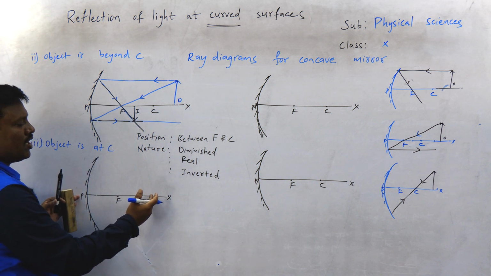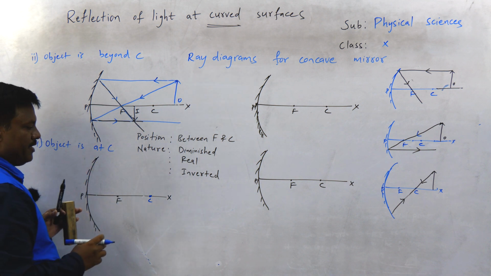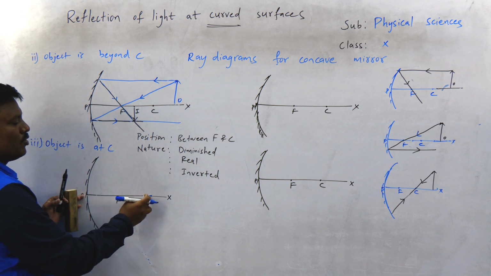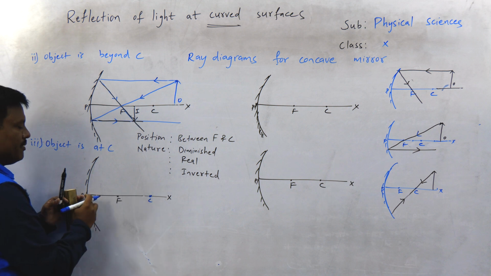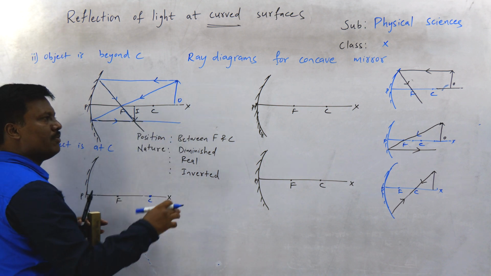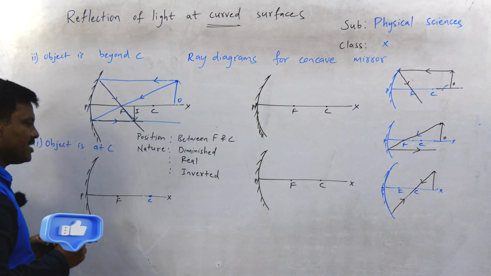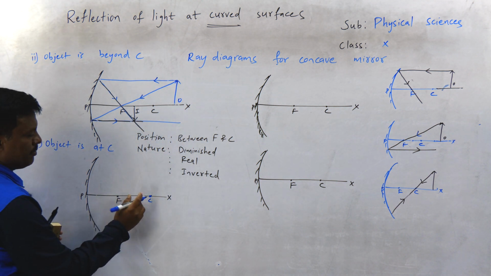Always you have to draw the arc with 6 centimeters. For any diagram you maintain the same measurements, so that you will get the ray diagrams properly.